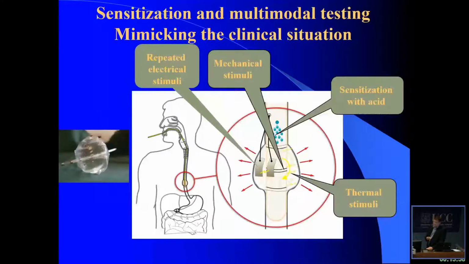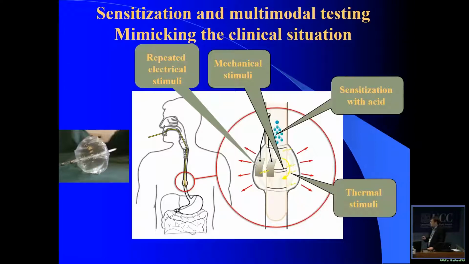So the multimodal probe uses impedance planimetry, so there is a bag here that can be distended, that is a mechanical distension of the tissue of the human esophagus, for example. But in the multimodal probe, we combine it with other stimulation modalities, such as we could make an acid injection here.